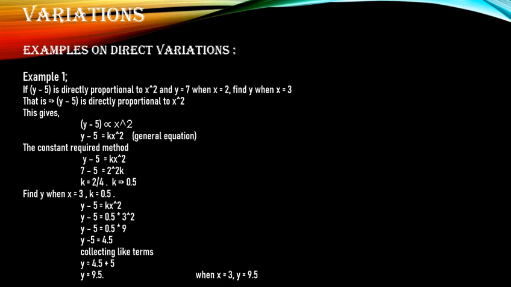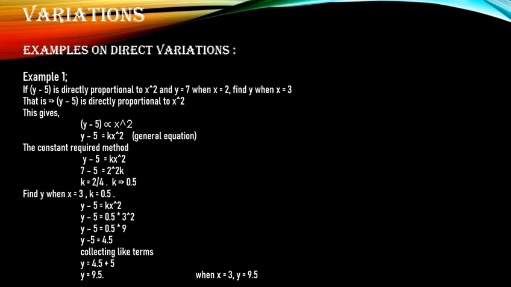That gives us y minus 5 is equals to the constant k times x raised to power 2, because that's the receiving end. There are two methods in solving this, the direct method and the constant required method, but I'm explaining one. Using the constant required method, y minus 5 is equals to k x raised to power 2.